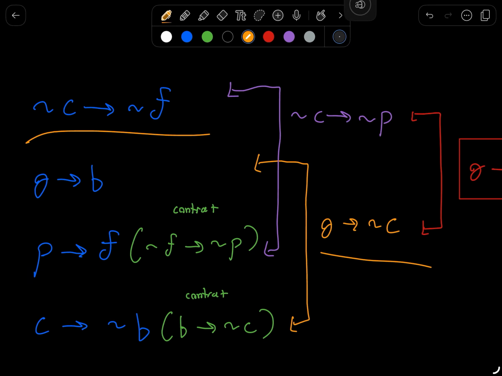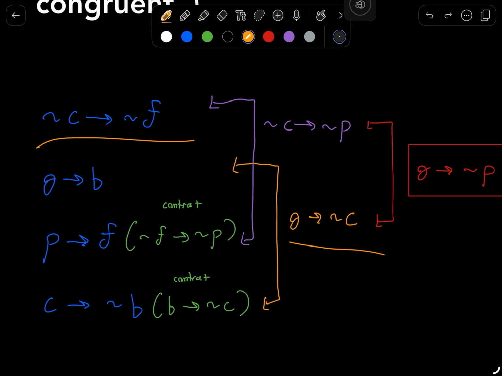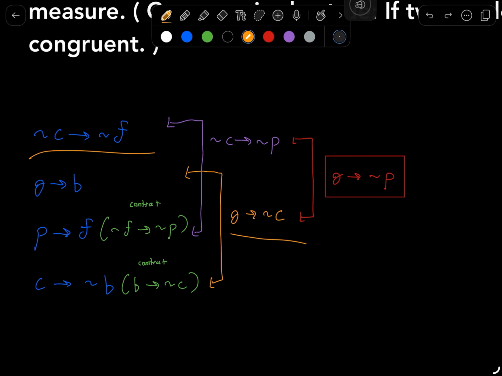We figured out that G goes to not C, and of course, we're given that not C goes to not F. So finally, we can make that link. We can chain those two together, and we get that G goes to not P.